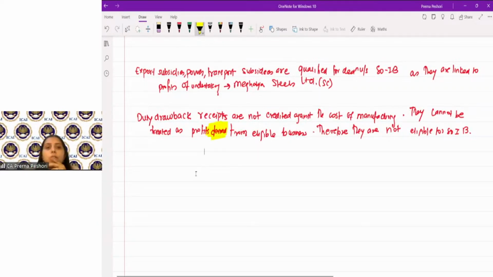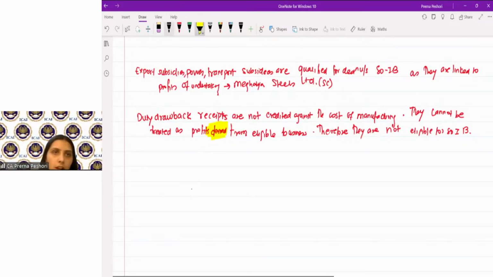The Act uses the term profits derived from and not profits attributable to. If you say profits attributable to, that is a wider term. Profits derived from is a very narrow term.